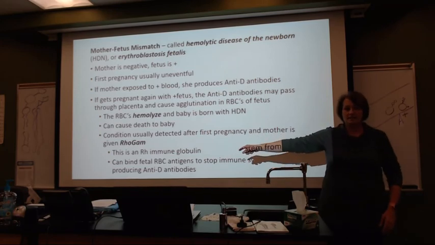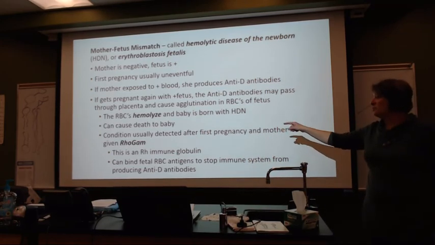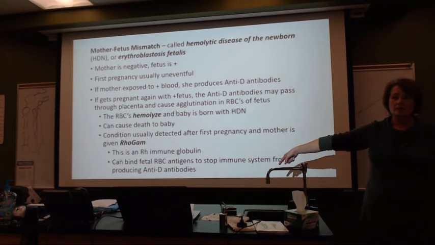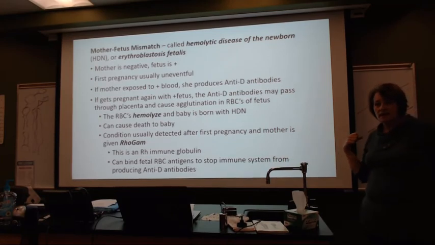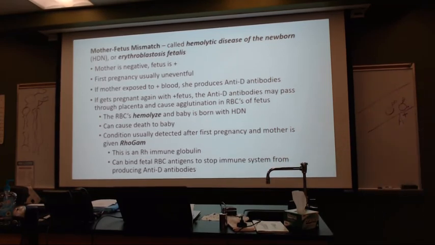In the fetus, that will bind to the red blood cell rather than mom's antibodies. And therefore, the red blood cells don't burst and the baby should be born healthy.